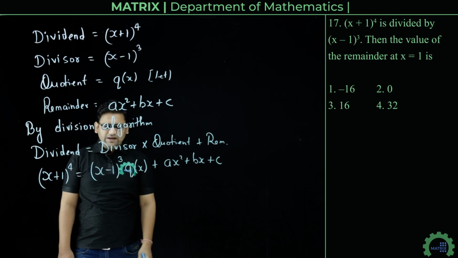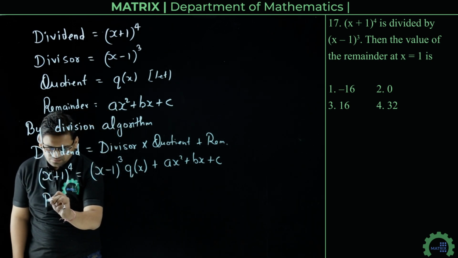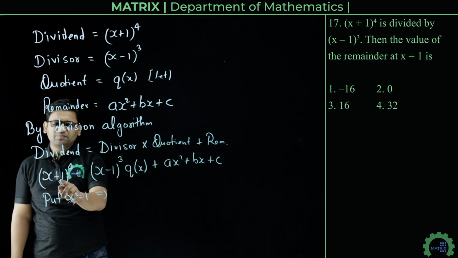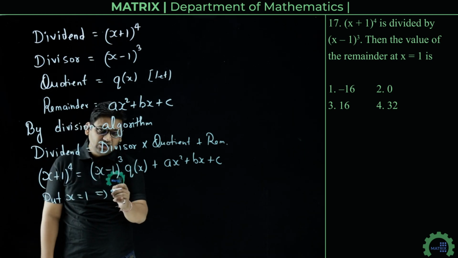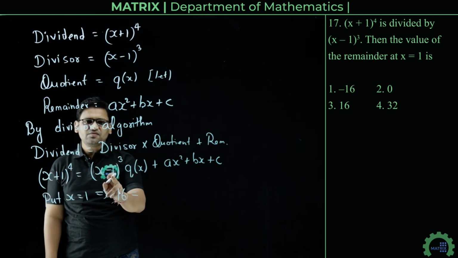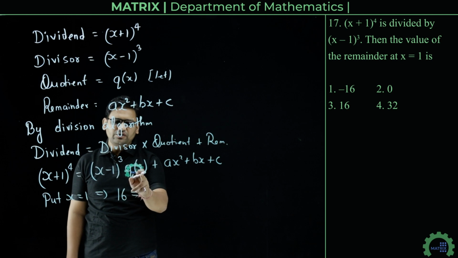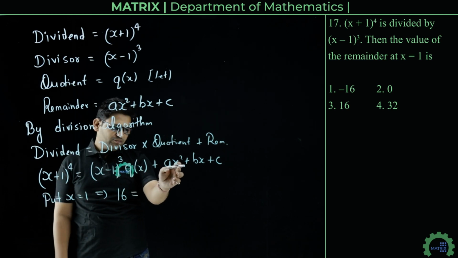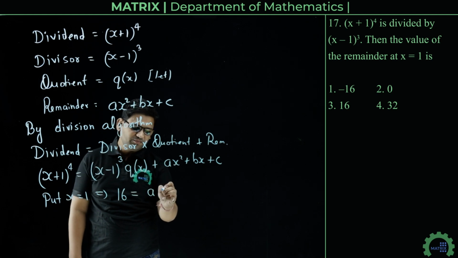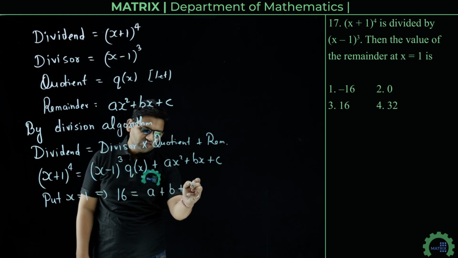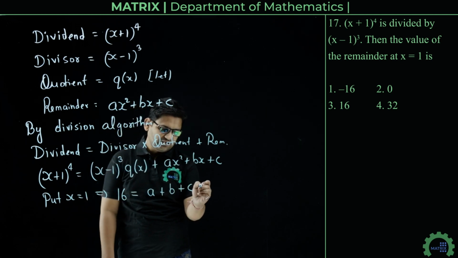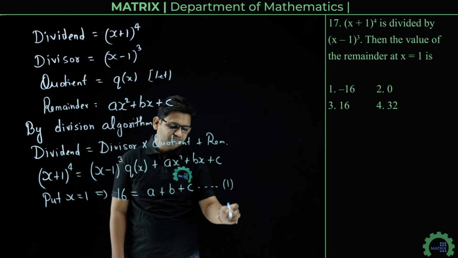Now on putting x equals 1, we get (1 plus 1) raised to power 4, that is 2 raised to power 4, 16, equals (1 minus 1) cube, that is 0, 0 into something, 0, plus a into 1 square plus b plus c. So from this equation we get a plus b plus c equals 16. So this is equation number first.